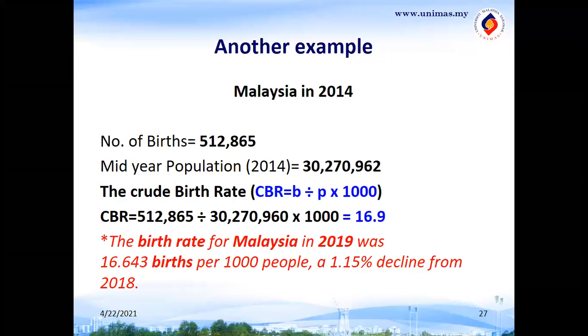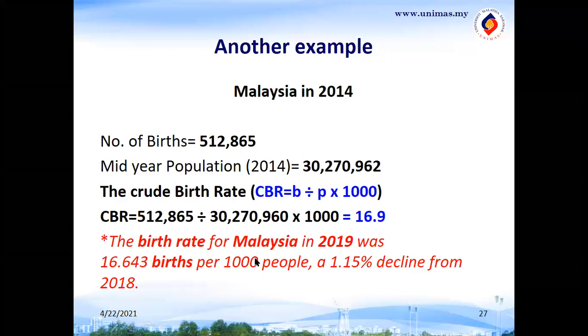A decline, 1.5% decline from 2018. So it has been declining at a much slower rate now compared to previously. Okay, so if you convert into percentage, it would be around 1.66%. Yeah, birth rate.